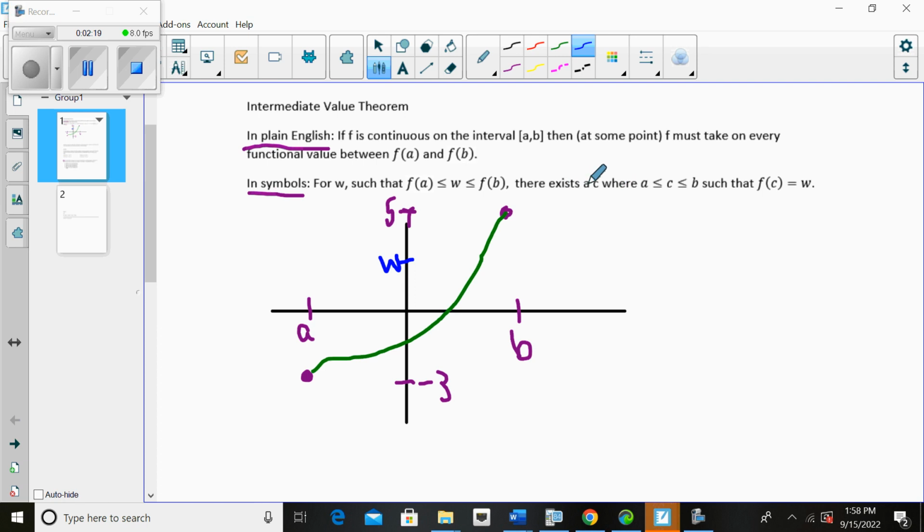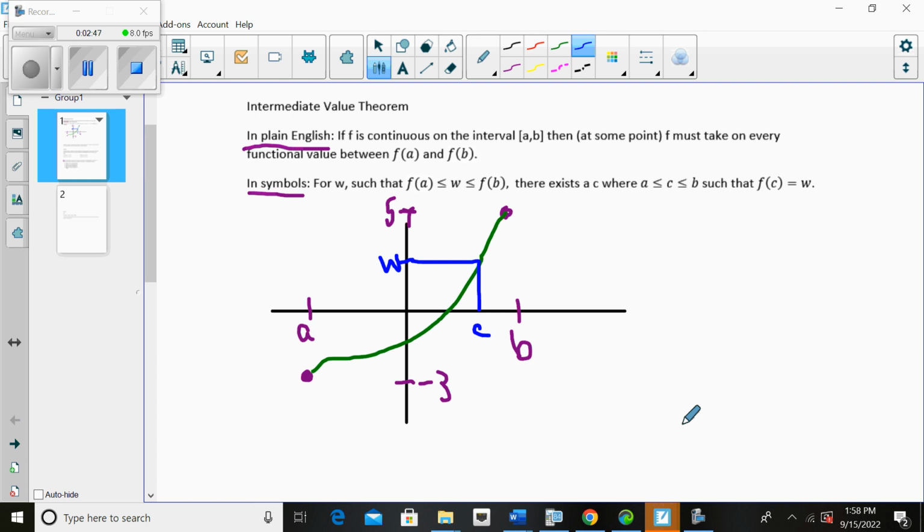And what it says is there has to be a C such that f of C, right? So if I go over here, W is a y value, there has to be a value C on the x-axis in between A and B, such that the functional value at C is W. Okay, and that has to happen no matter what the function looks like connecting points A and B.